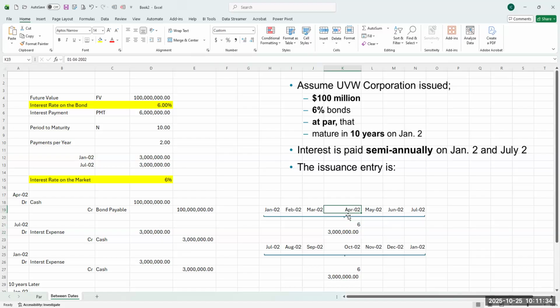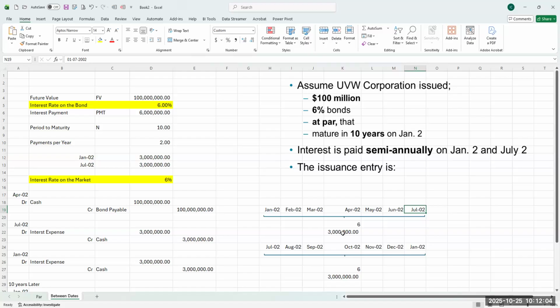But is the person holding the bonds holding them for the entire period to collect the interest? If I issue the bond on April 2nd, that means the person who gets the bonds will have them for only 3 months, correct? Yes.